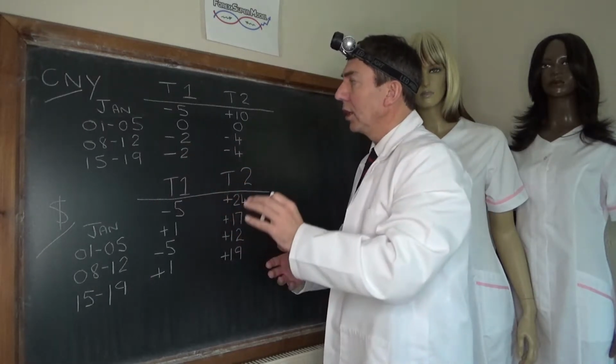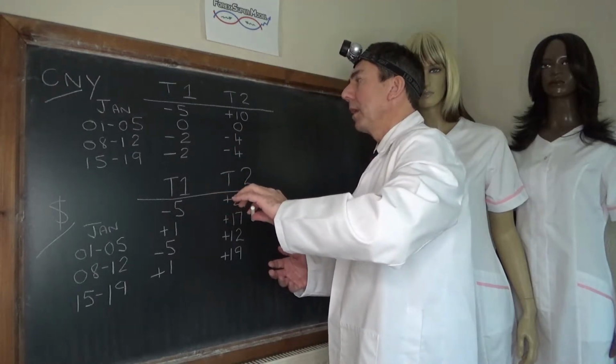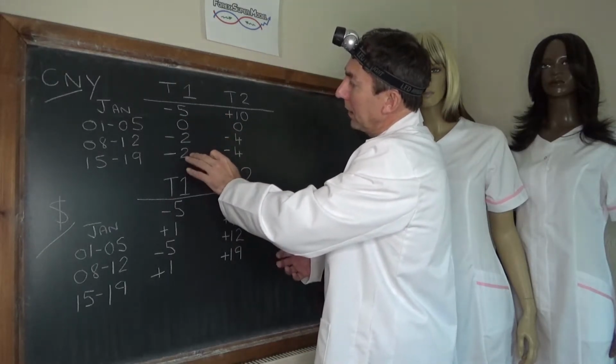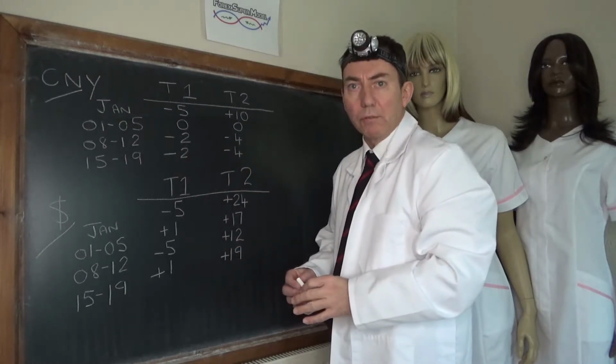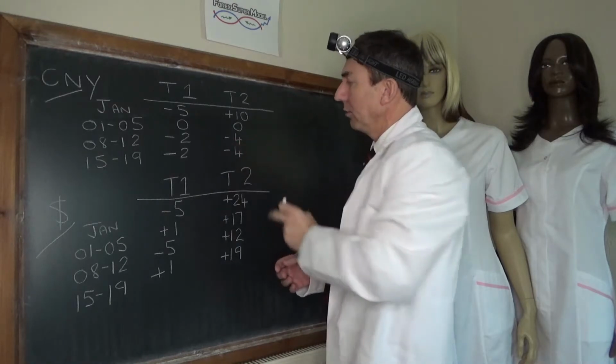So China's data basically rolled off. Arguably tier 1 hasn't rolled off as much, but tier 2 data is certainly significantly rolled off.